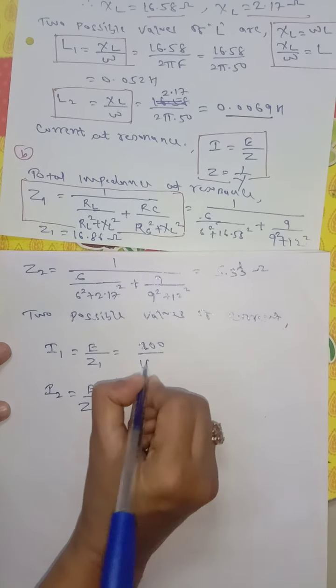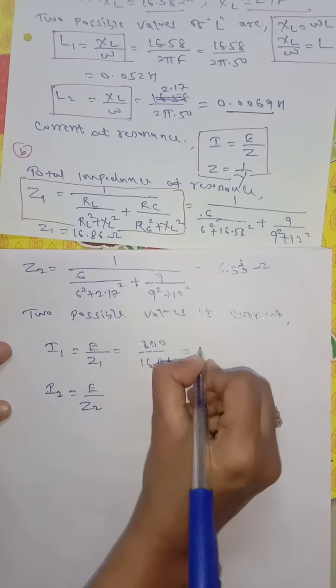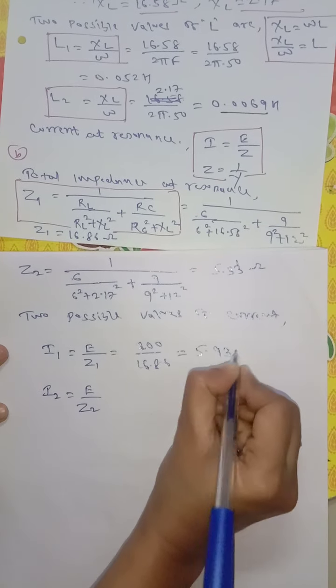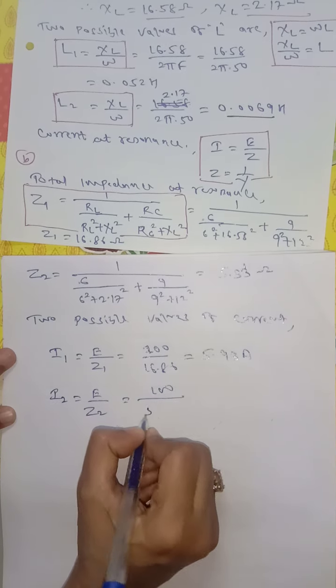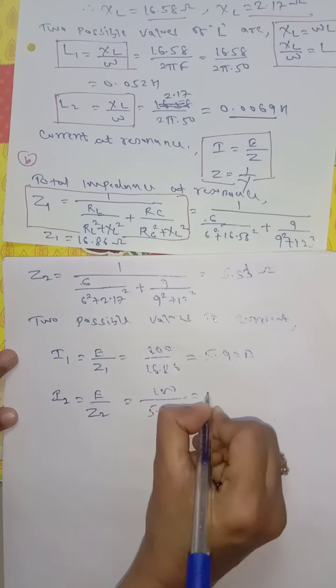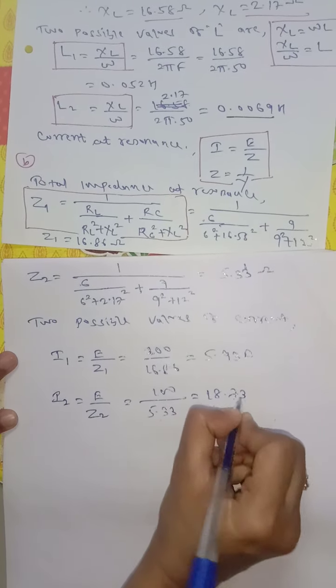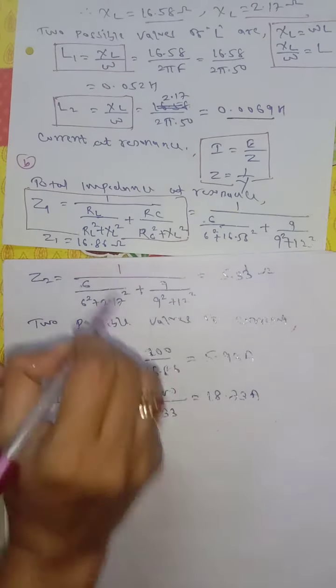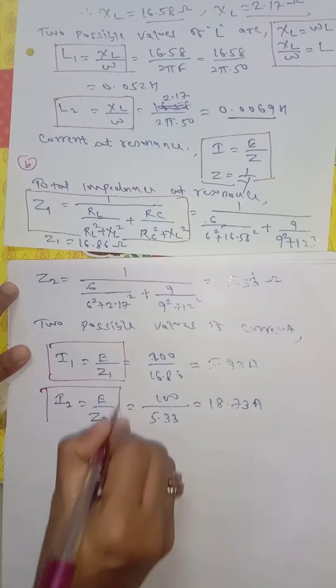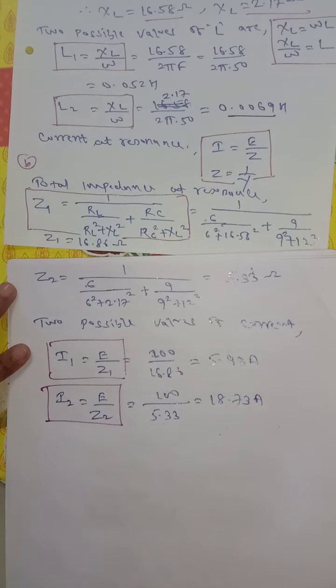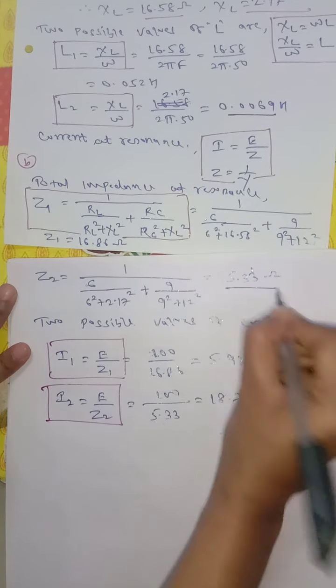So Z1 is 16.86, so you will get 5.93 ampere. In the second case again 100 divided by 5.33, so you will get 18.73 ampere. So in short, this is one of the formulas to calculate the current, and this was the impedance.